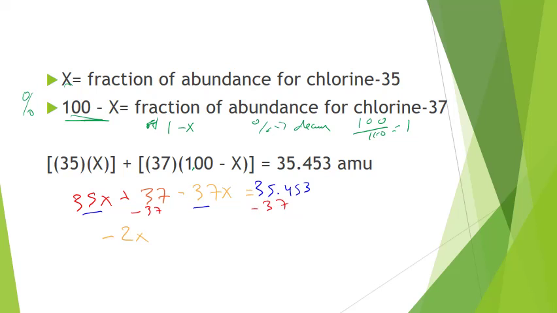So 35.453 minus 37 is equal to negative 1.547. We factor out the negative 1, so we end up with 2x equals 1.547.